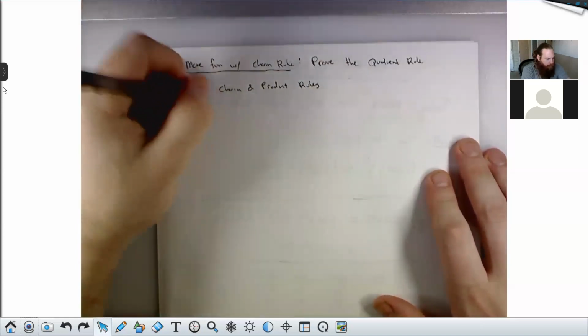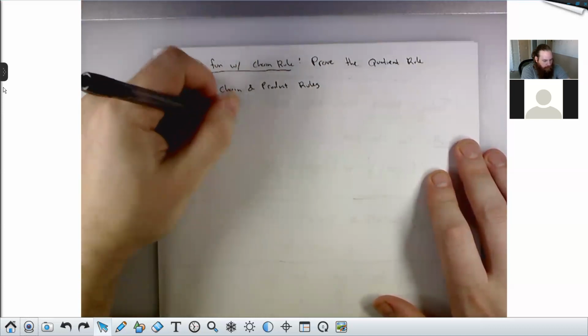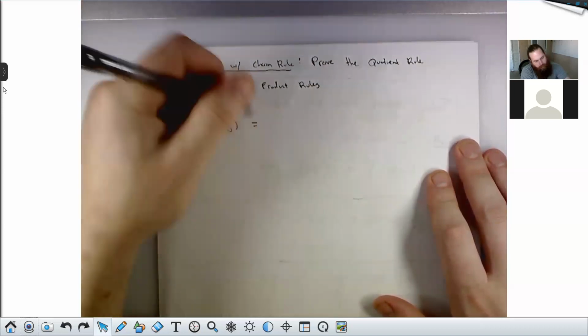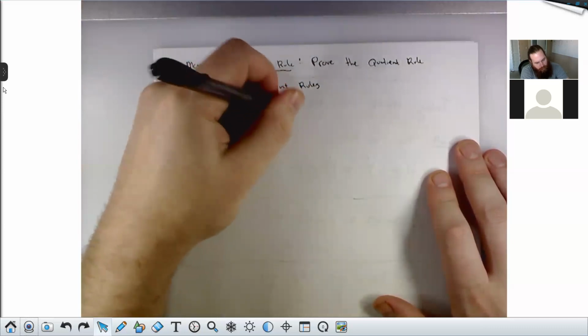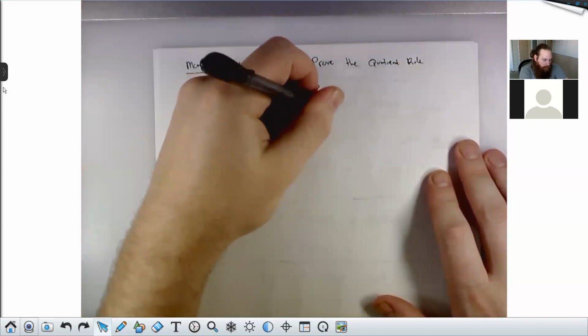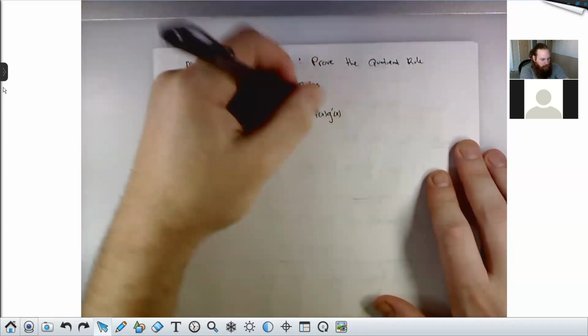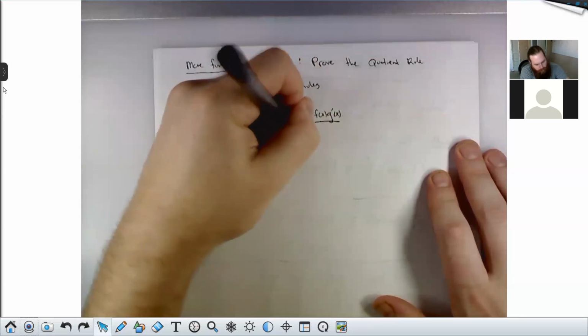Remember, the quotient rule says that f over g, all primed, is g times f prime minus f times g prime over g squared.